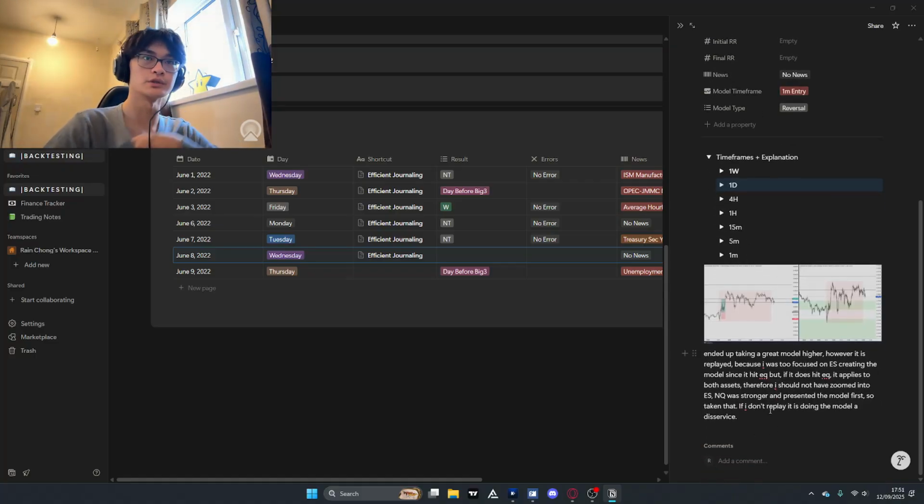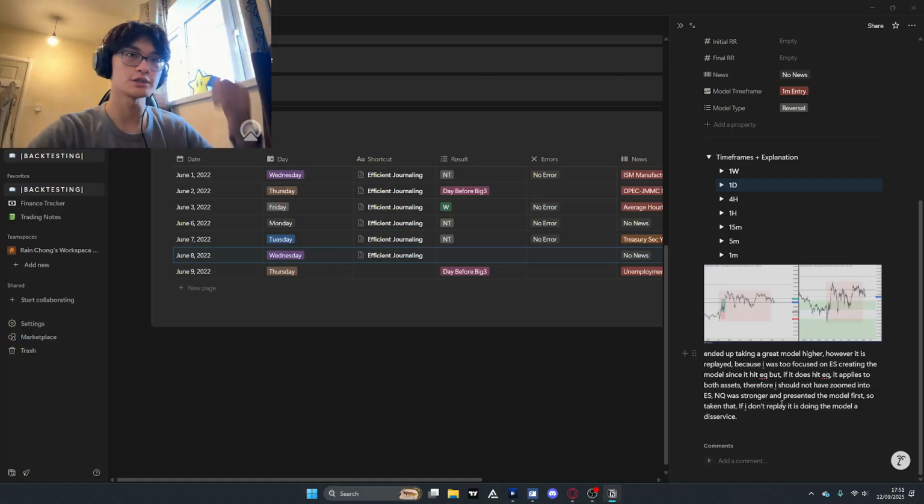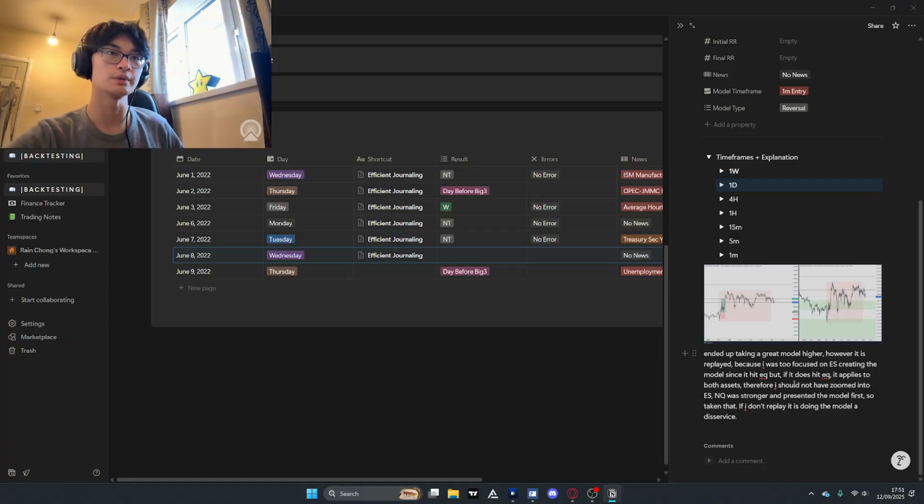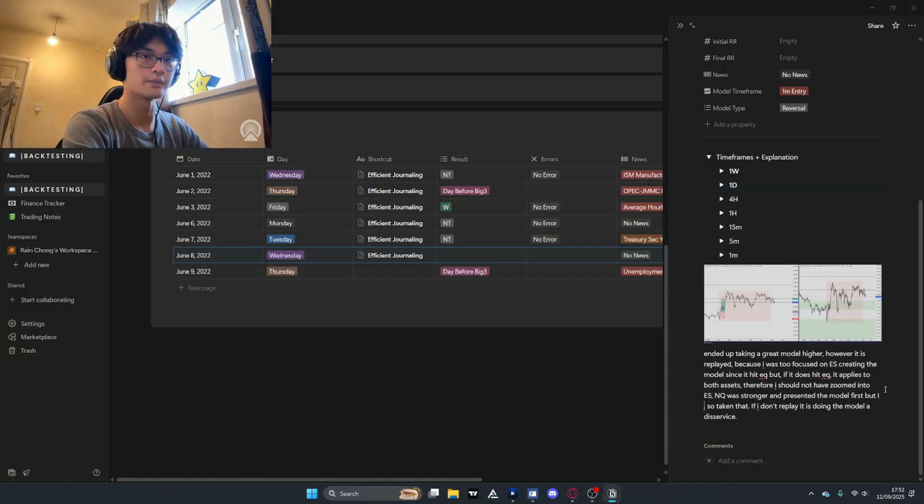Ended up taking a great model higher. However, it's replayed because I was too focused on ES creating the model since it hit EQ. But if it does hit EQ, it applies to both assets. I should not have been zoomed into ES. NQ was stronger and presented the model first, but I missed that. So replayed.